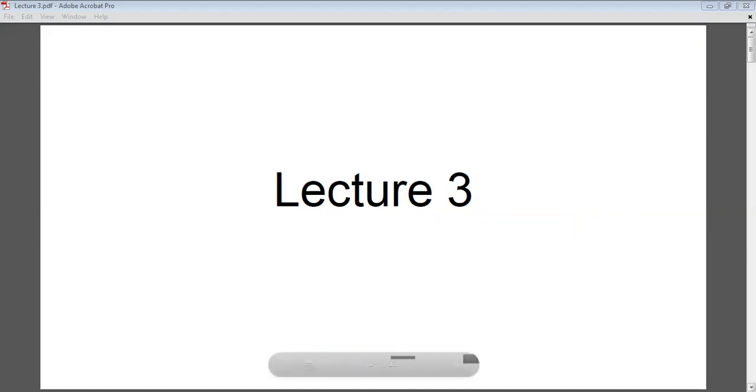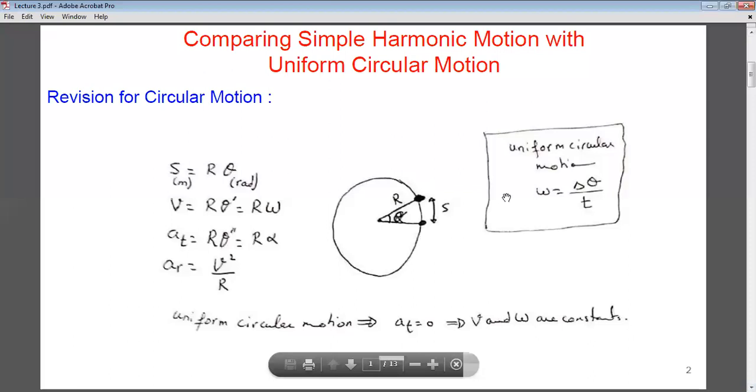Okay. So just a quick revision for circular motion. Imagine that there is a sphere attached at the end of a string, and I am rotating the string in such a way that the sphere undergoes a circular motion with a constant radius r, just as we see over here.